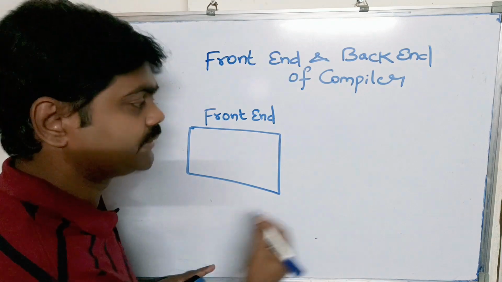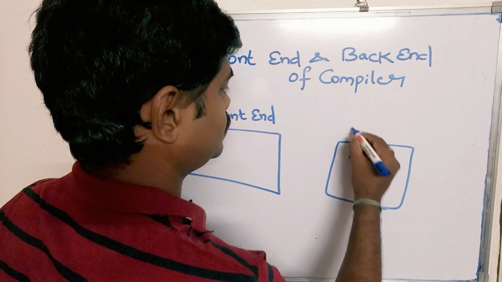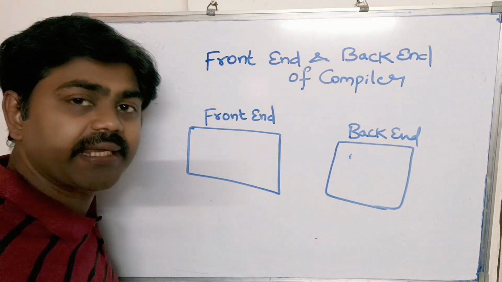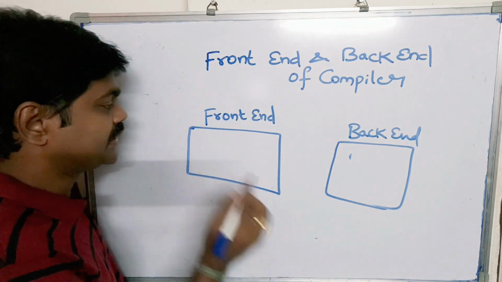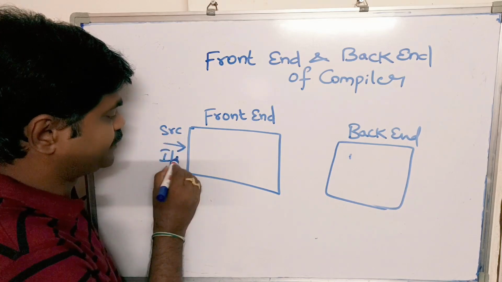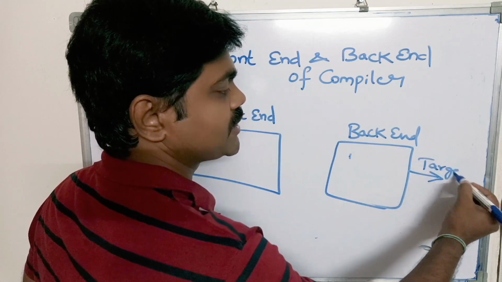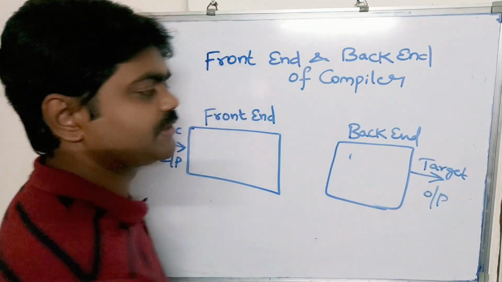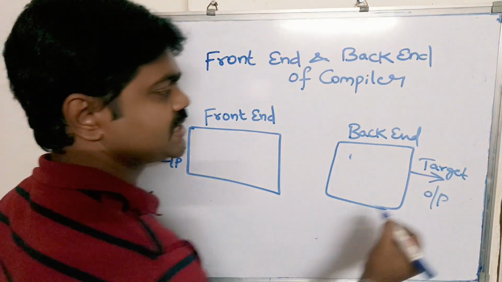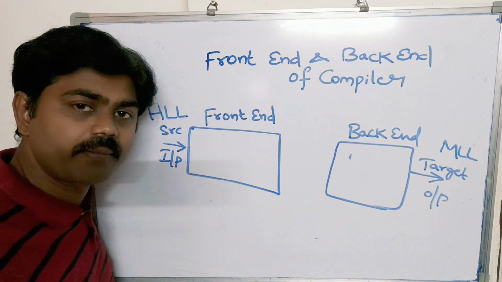Here we provide the source input as input to it, and the output we get is the target output. This target output is nothing but a machine understandable format. The source input here is HLL, that is high level language, and what we get is MLL, machine level language, that is machine understandable format.